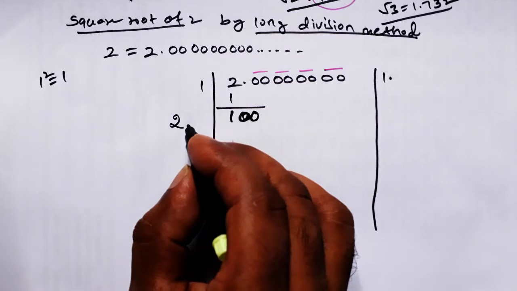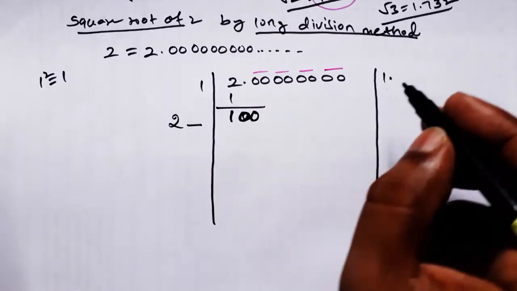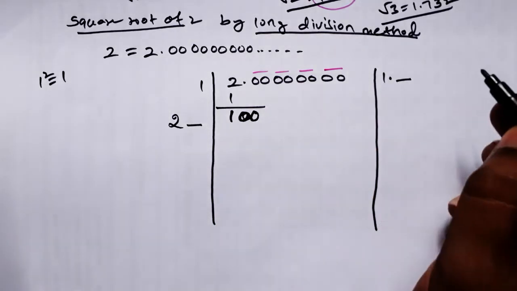After 2 we have to write one digit here, and the same digit we have to write here also.